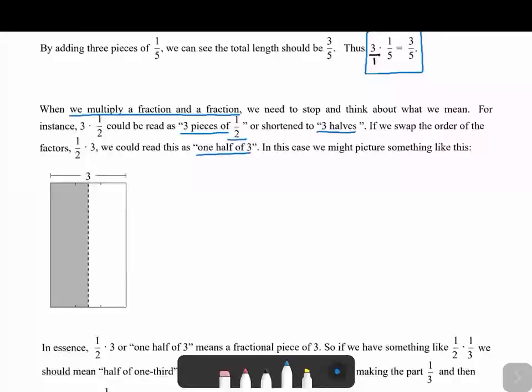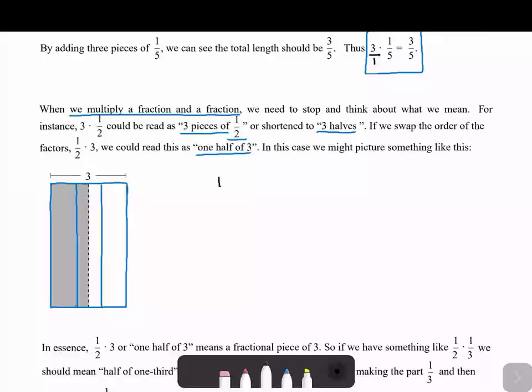So let's think about the case where we have 1/2 of 3. In this case, we can have a box of length 3. I'm going to trace this just so we can see where the 3 different pieces are. Okay, so we have a box with 3 rectangles here. I'm going to write steps of how we can visualize this multiplication.